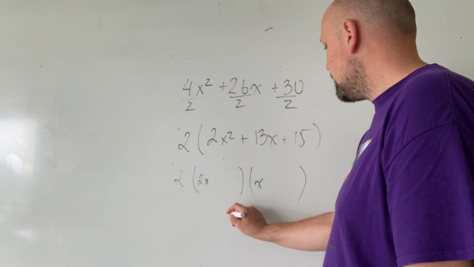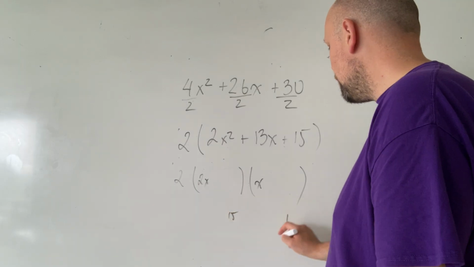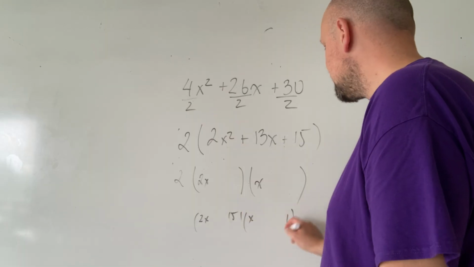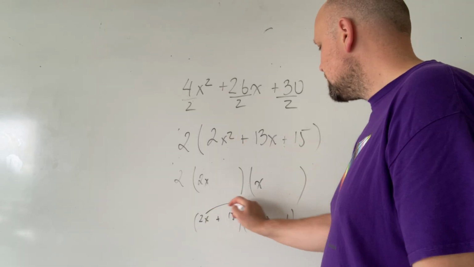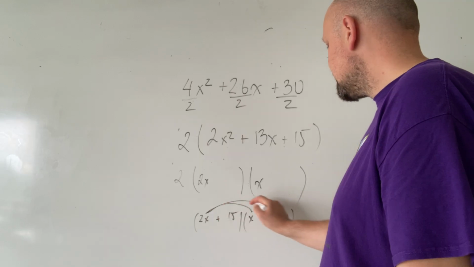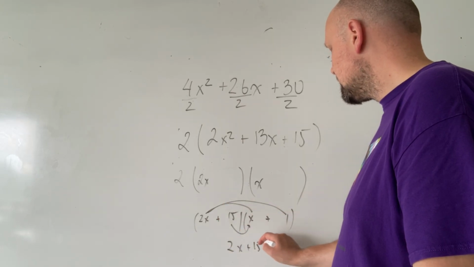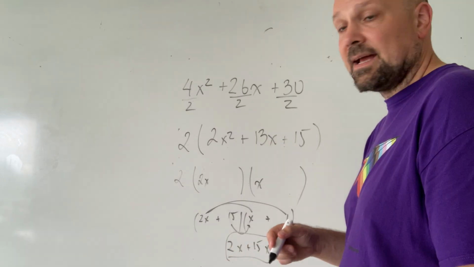So what if it was 15 and 1? Right? Well, if it was this, and everything's positive, I would have 2x squared, 2x times 1, that's 2x, plus 15x. That's 17x. I don't have 17x, I have 13.